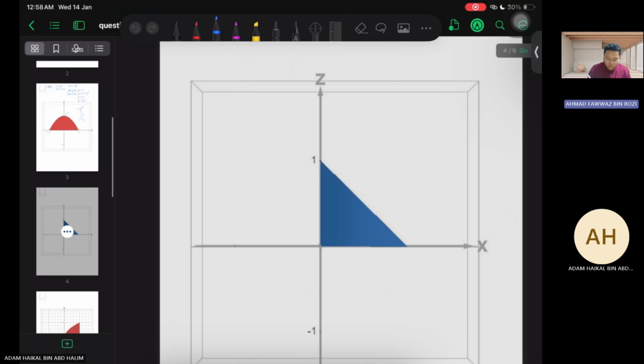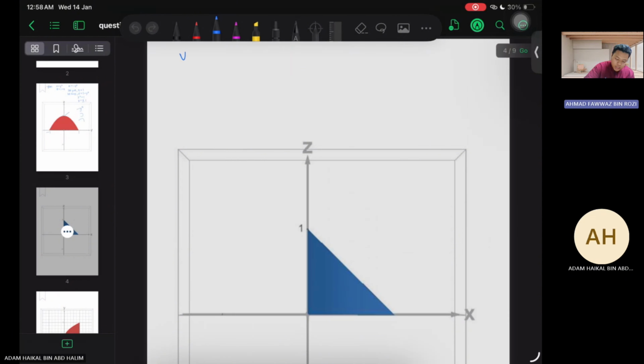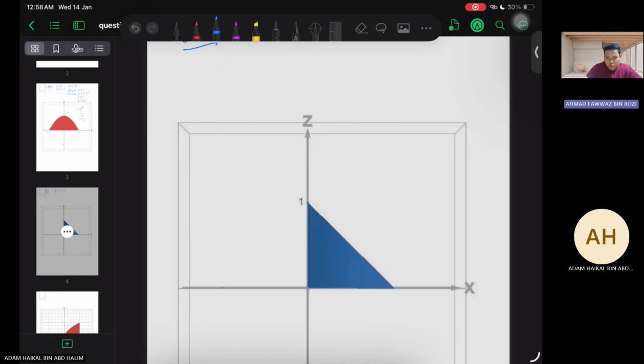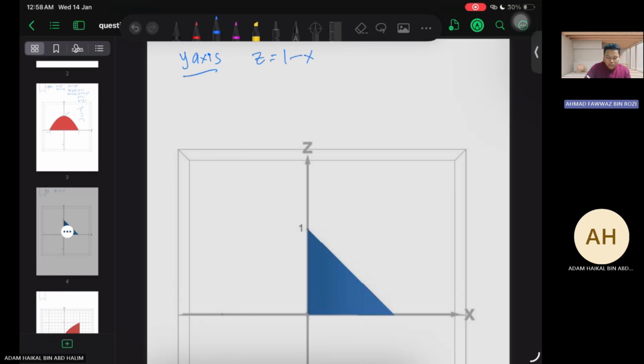From the y axis, we use the earlier equation z equal to 1 minus x, and we look at the y direction and get the z x plane. So we let z equal to 0, x equal to 1, and let x equal to 0 and z equal to 1.